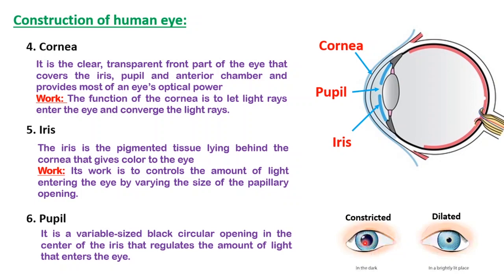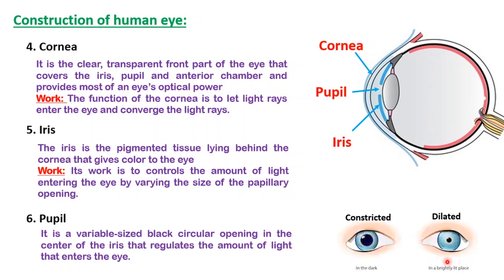If we are in a low light area, the size of the pupil is enlarged because more light can enter through the eye. Whenever we go in the dark, there is very little light, so the size of the pupil is enlarged. Why? So that most of the light can go through the pupil inside the eye.